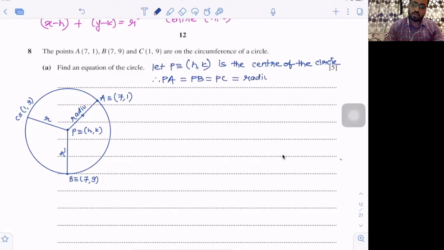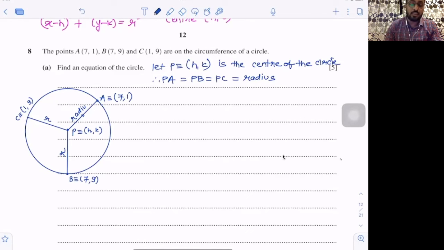They are all the radius of the circle. Now, do I know the coordinates of point P? Of course, they're unknown, but it is h, k. The values are not known to me. So I can make use of the distance formula, students, to get the distance PA. I can again make use of the distance formula to get the distances PB and PC also.